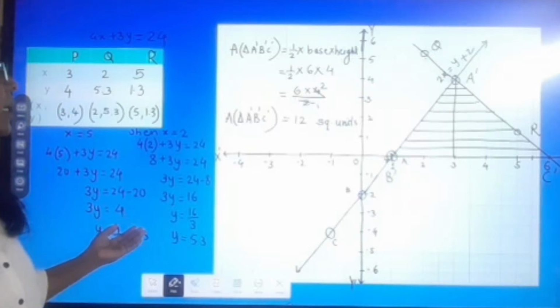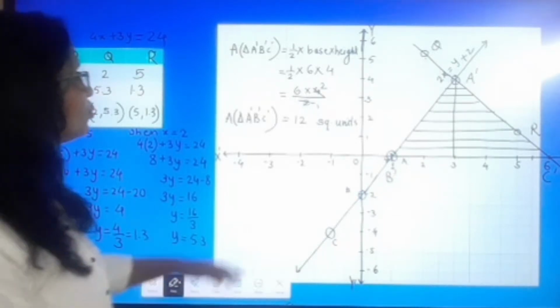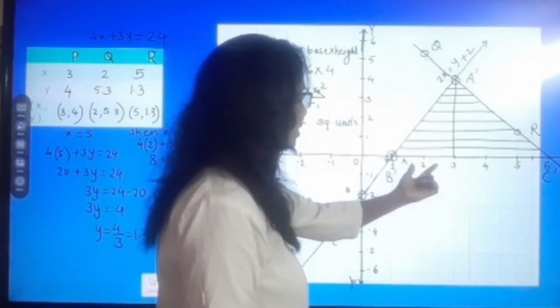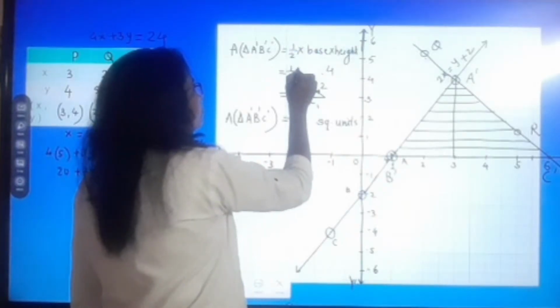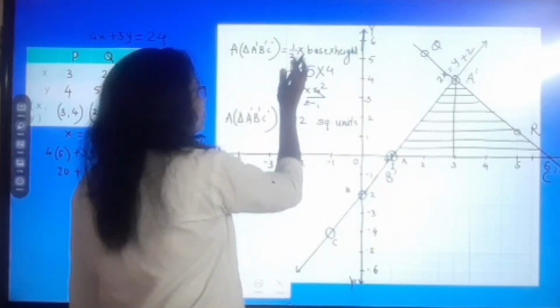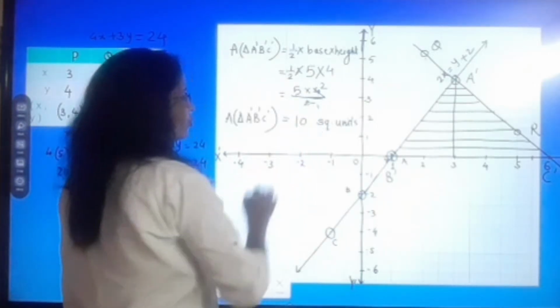Then next one students, next we do the example. The base is the remaining part students. So 1, 2, 3, 4, 5. So here the 5 students. Here we write 5. So 5 2s are 10 square units.